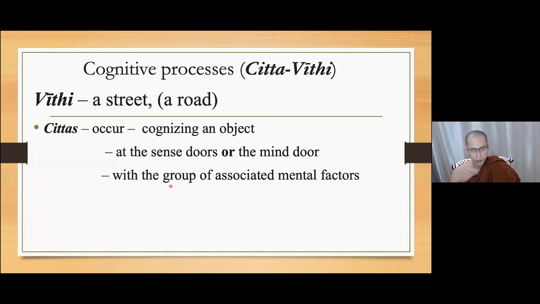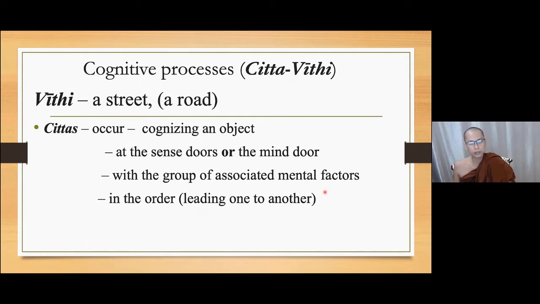So whenever the consciousness arises, we can understand a group of mentality is arising: consciousness with associated mental factors. Then when they arise, they are not arising here and there. They are arising in order, leading one to another. When one arises, at that moment only that group of mentality arises.